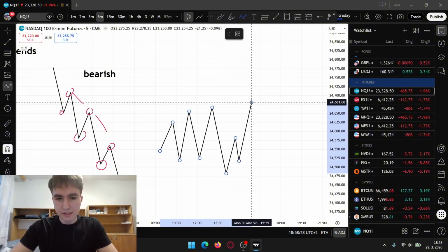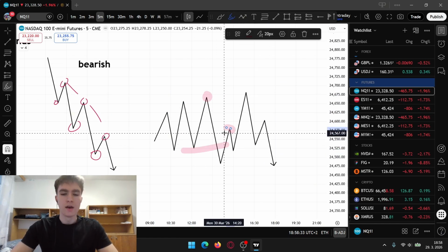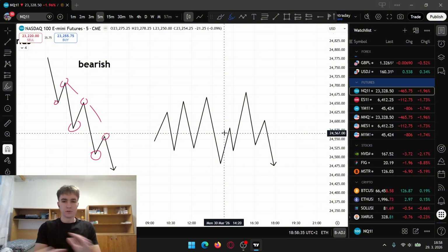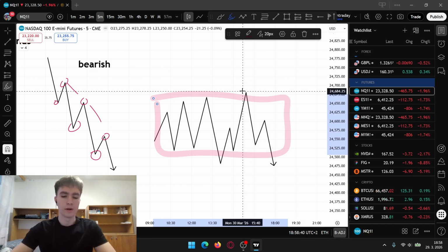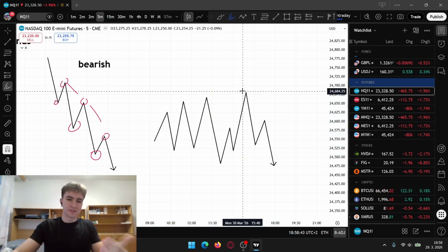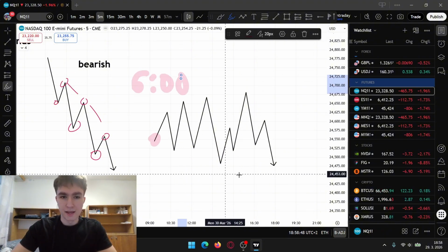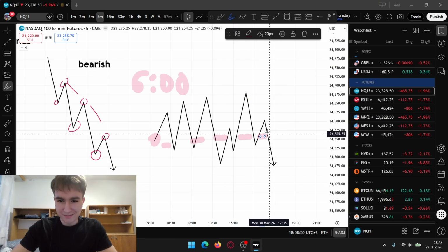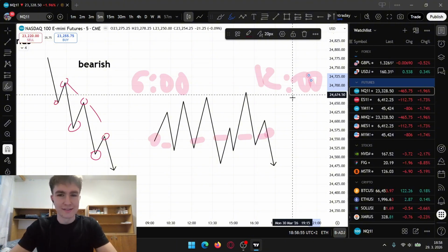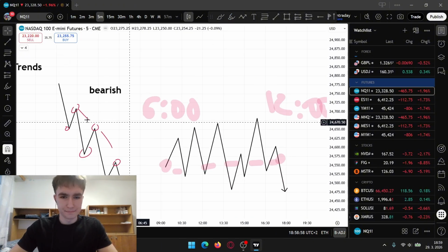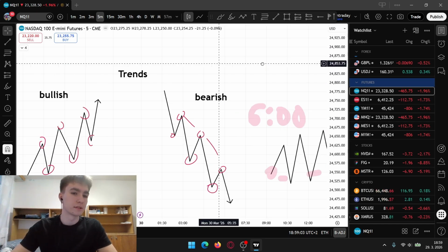It's just constantly sweeping out the highs and lows. Generally traders do not want to trade a market which is ranging, because you cannot profit when the price is not changing, essentially. When it was here at 6 a.m. and it was the same price at 12 a.m., you don't want to trade that. So these are the three types of market structure.